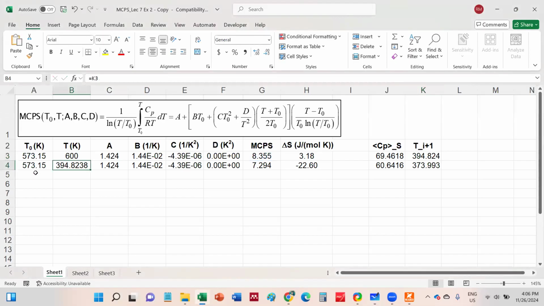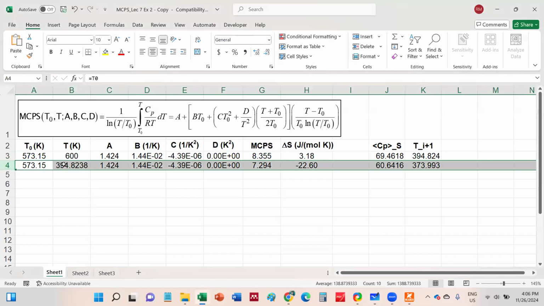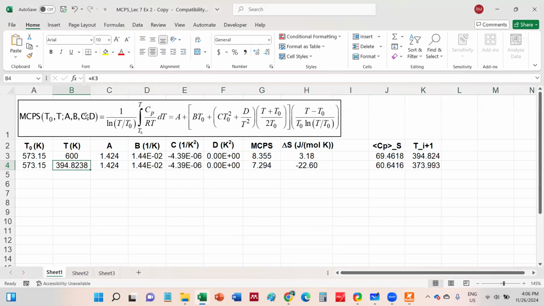Okay, and then in the next iteration, so this is the second iteration, the temperature 2 would assume the value of the T from the last iteration. So this cell right here equals this one, right?